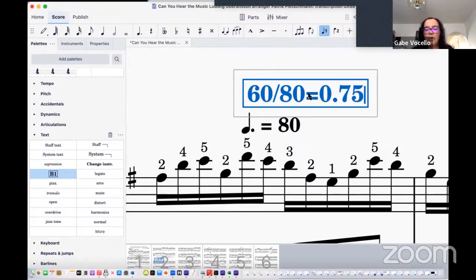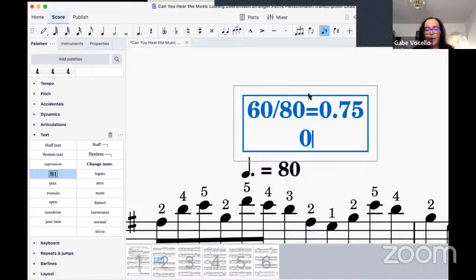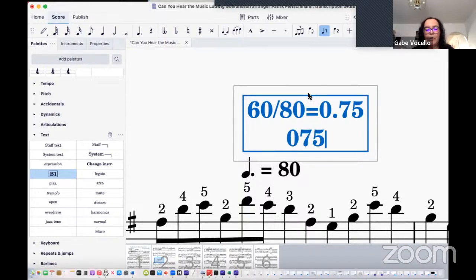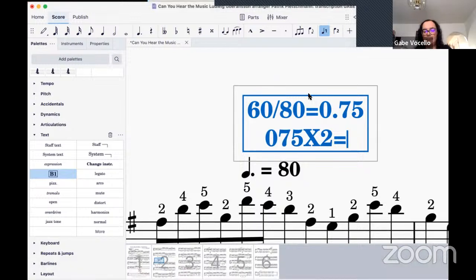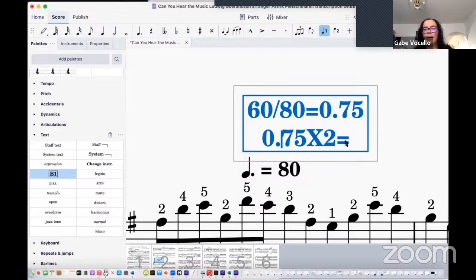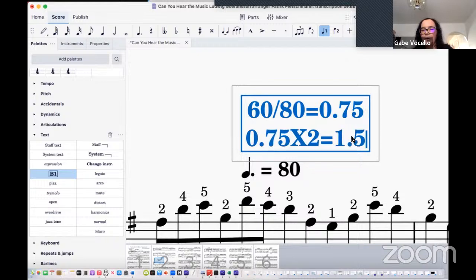Now 0.75 because it's each beat, so multiplied by 2 because each measure has 2 beats, is equal to 1.5 seconds per measure.